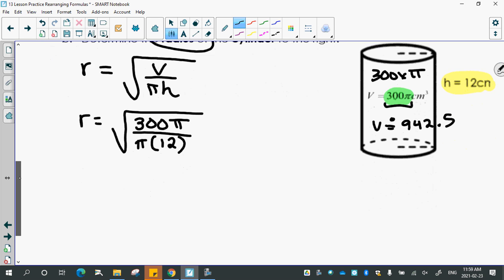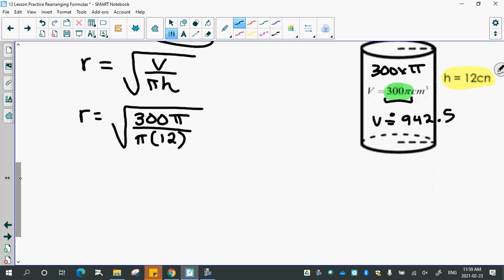Someone tell me what happens if you've got a pi on the top and a pi in the denominator. They create a 1 pair, right? If I divide those, pi divided by pi is 1. And multiplying by 1 doesn't change anything. Agree with that? So on my next line down, I can say, I've divided those out in my head. I've got 300 over 12.